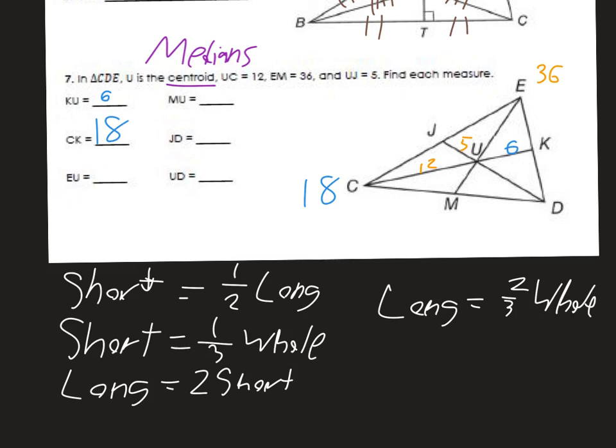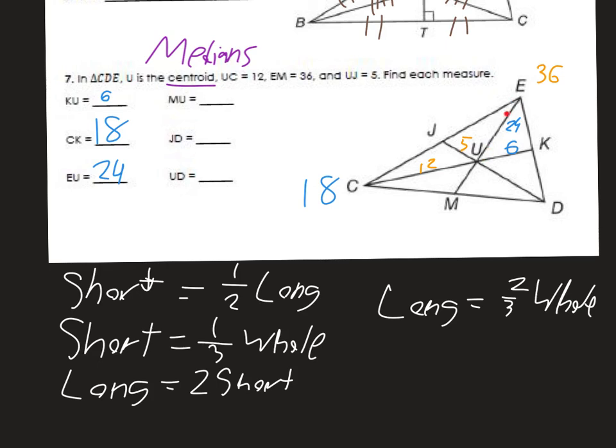EU looks like a long segment. We have the whole median. The long segment is 2/3 the whole segment, which means that 2/3 of 36 gives us 24. MU is down here, the short segment. The short segment is half the long segment.